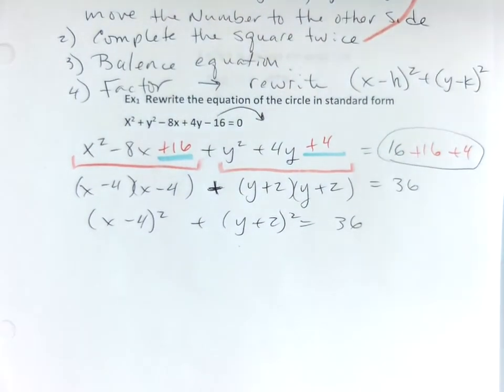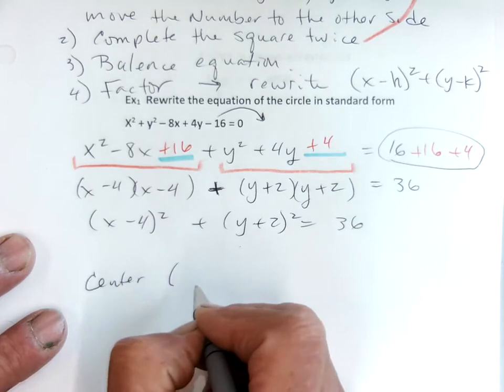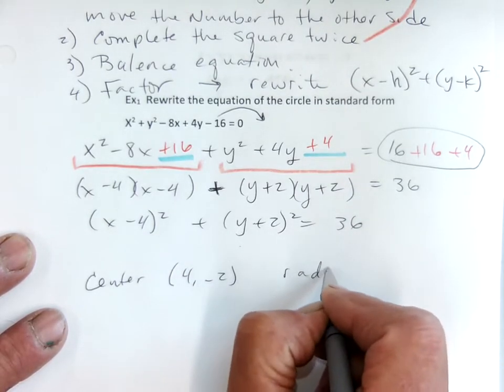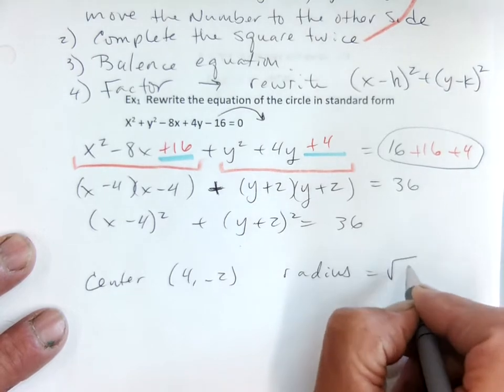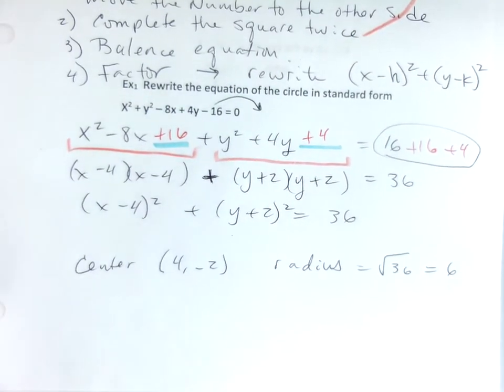Now I could graph it. I'm not asked to graph it, but I could. So I know now the center is at positive 4, negative 2, and the radius is the square root of 36, which is 6. It's not that bad, right?